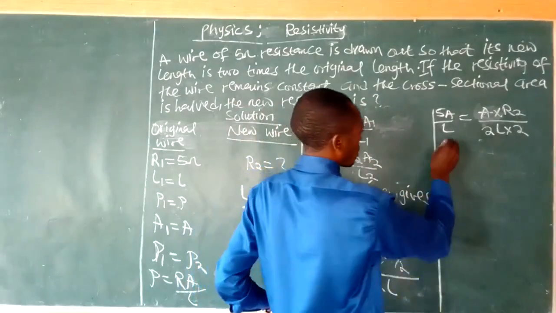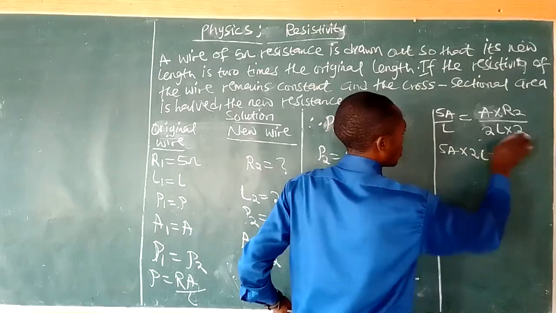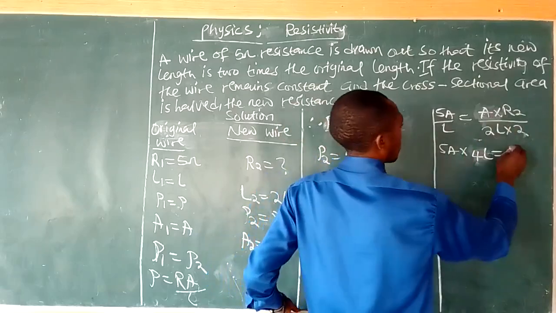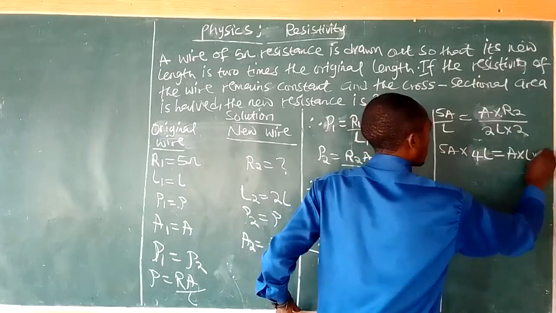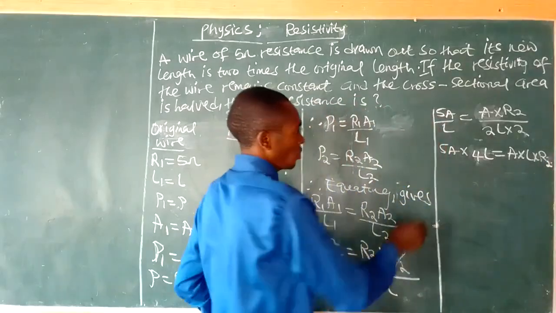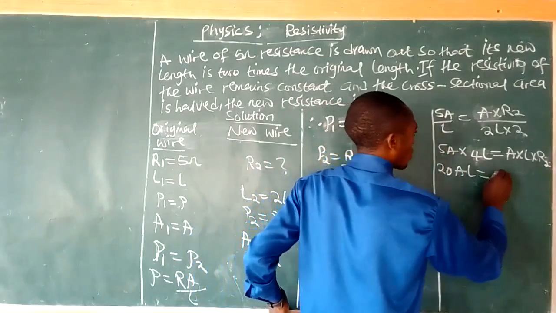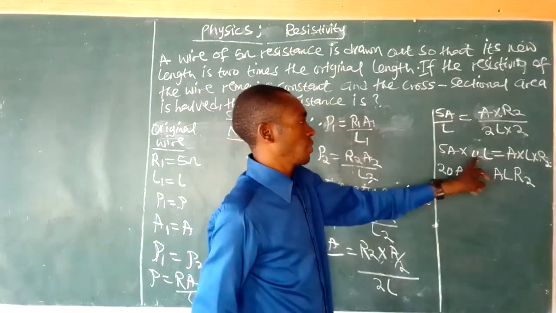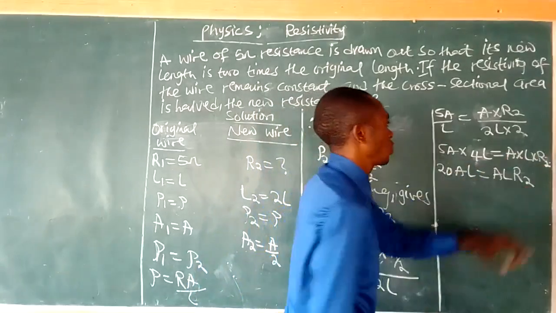Now, if we cross multiply, we have 5A times 2L, which is 4L. So 4L times 5A gives us 20AL equals A times L times R2.